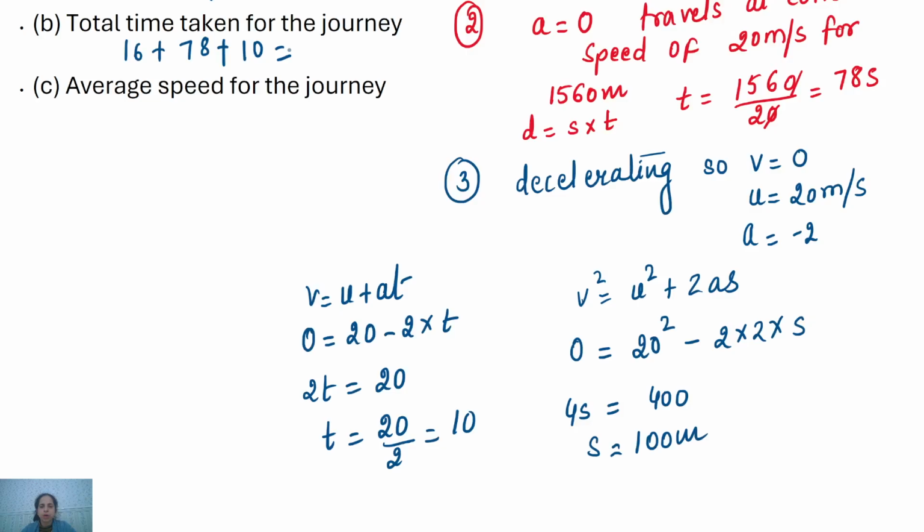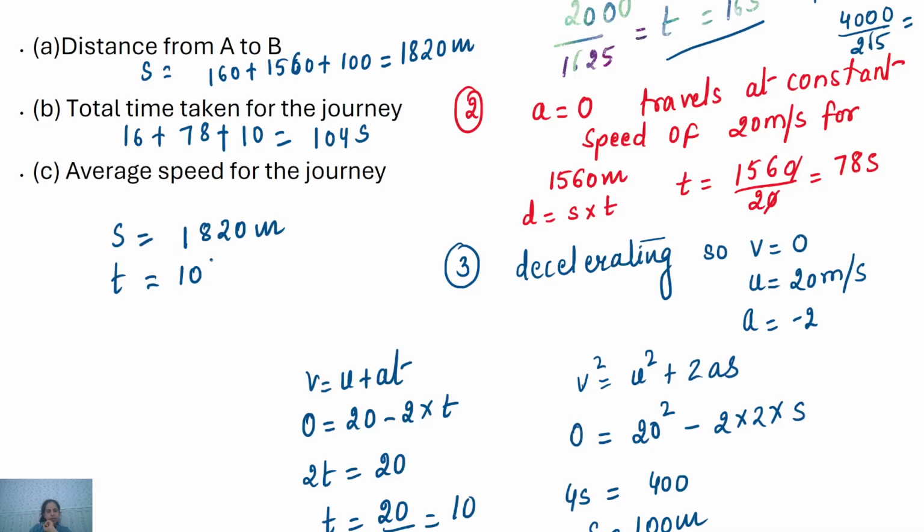Now for the average speed of the journey, average speed is like if there is no acceleration, if you would have traveled at one constant speed for the entire distance of 1820 meters, in 104 seconds, what would that speed be?